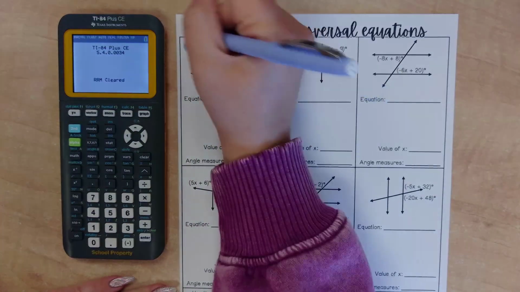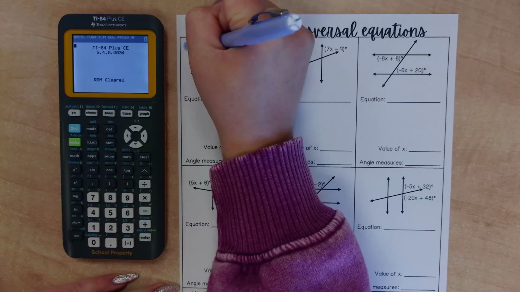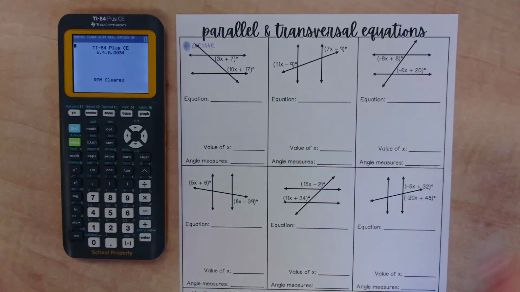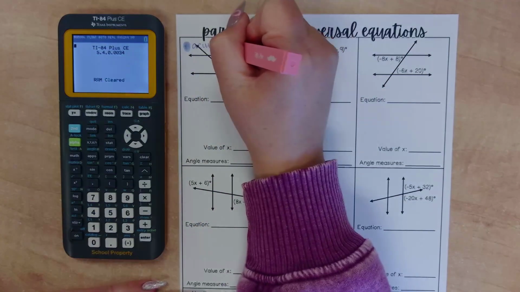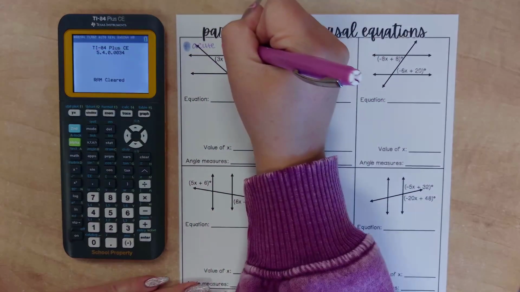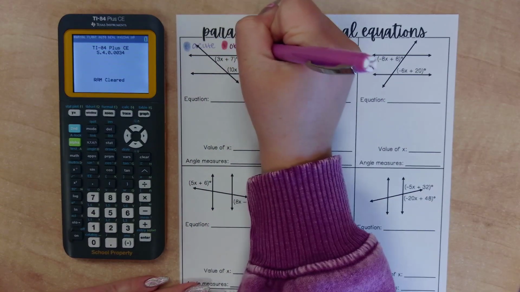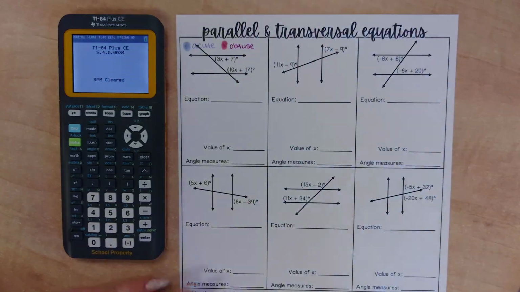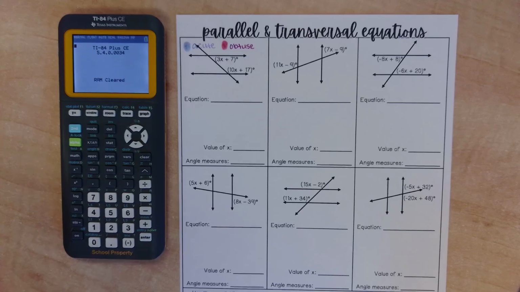So we used this color for our acute, and then this color for our obtuse. Perfect. So now let's go through this and look at what we have. We have 3x plus 7 and then 10x plus 17.